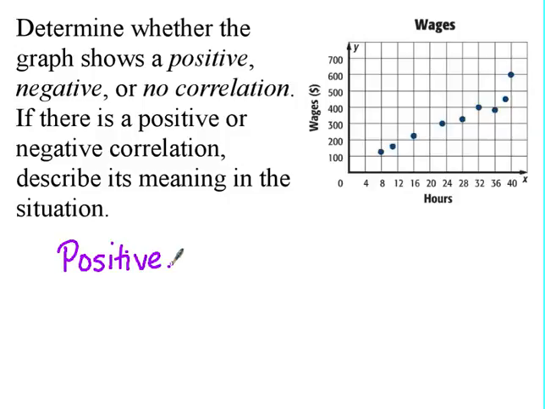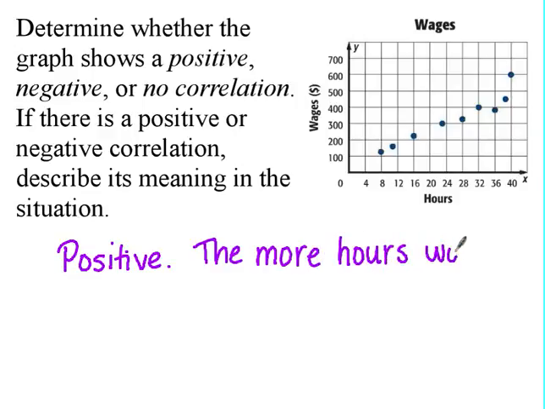Okay, so let's think about that. If I was going to add on more to the graph, what would happen? It'd keep going up. So, in conclusion, I can state that the more hours I work, the more money I make. Okay? So, the more hours worked, the more wages are made.